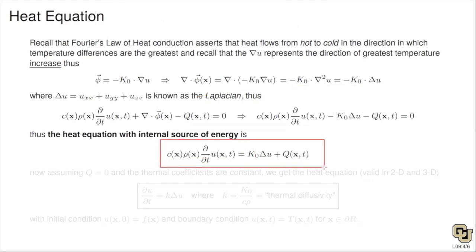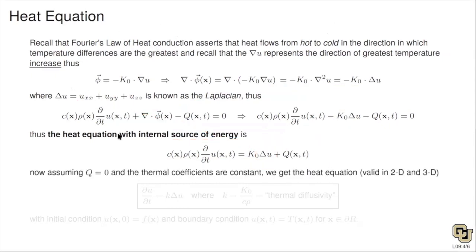And this should look like the 1D version. The only difference in the 1D version is right here. Instead of this del squared, we have just the second partial with respect to x. Otherwise, it more or less looks the same. I mean, we don't have bold-faced x. In the 1D version, x is not a point in space, it's a point on a line.